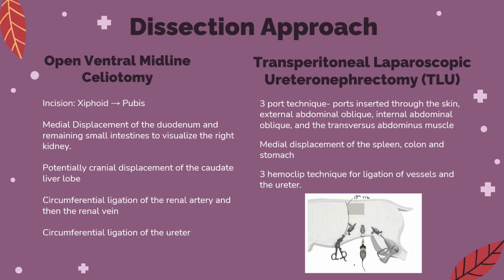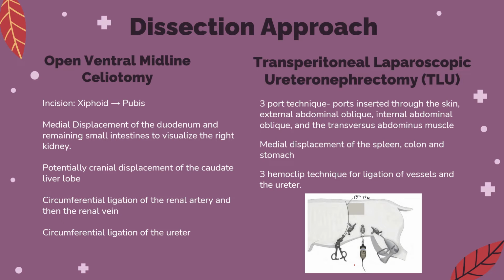Once there's adequate visualization by bluntly dissecting the retroperitoneal tissue and detaching the kidney, and the renal hilus structures are skeletonized, there will be 2 circumferential ligations on the renal artery, and this will be repeated for the renal vein.